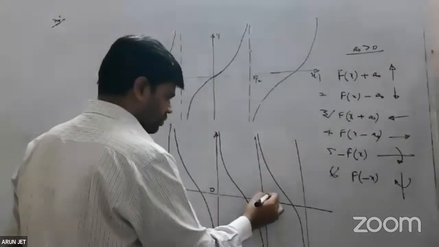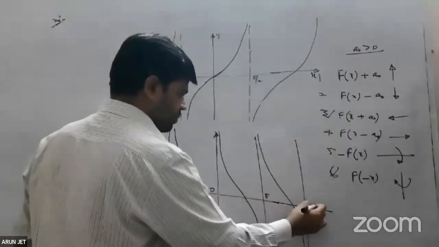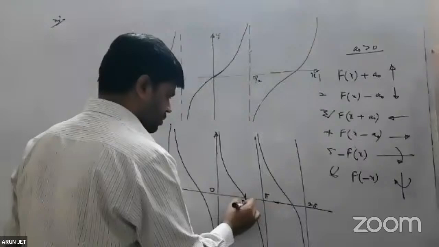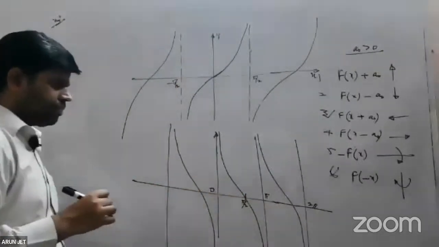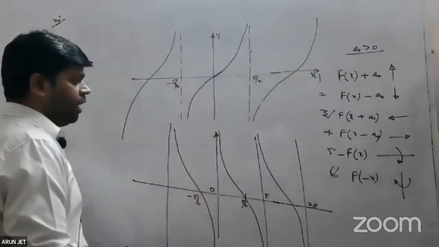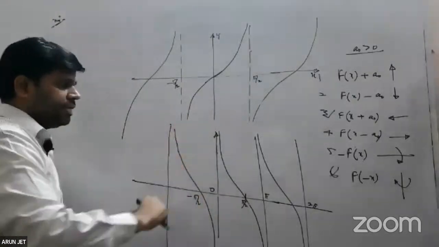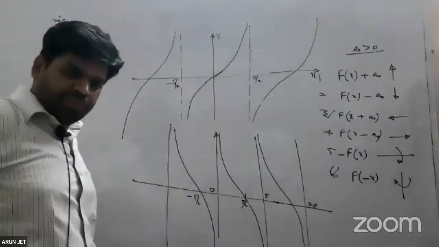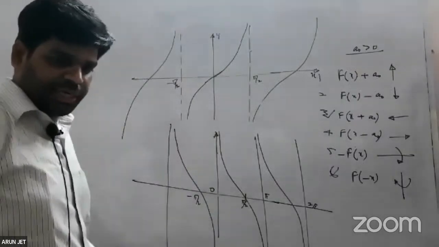Zero, pi, 2 pi, at pi by 2. This is cot. Now I want to get this cot from tan. How do I get it? Transformation, but from the graph, let us see how I get it.